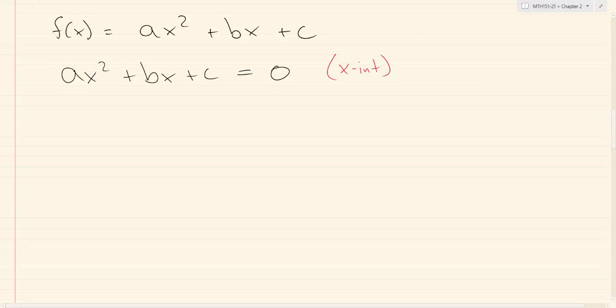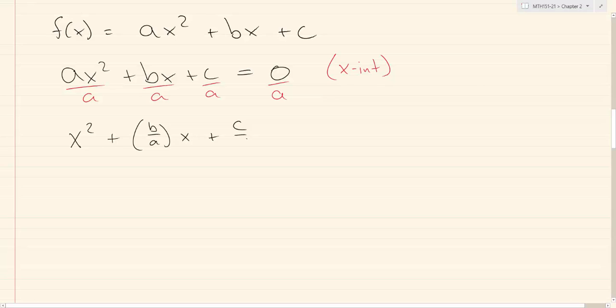The first thing we need to do, by the way, is divide everything by a. So that's going to leave us with x squared plus b over a x plus c over a equals 0. So now we're going to do this: x squared plus b over a x plus blank plus c over a minus blank equals 0.